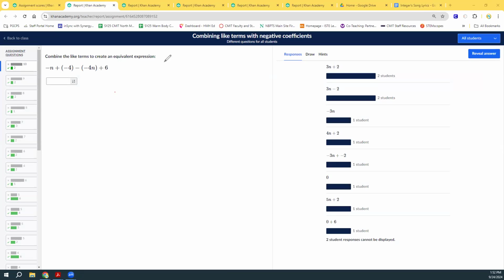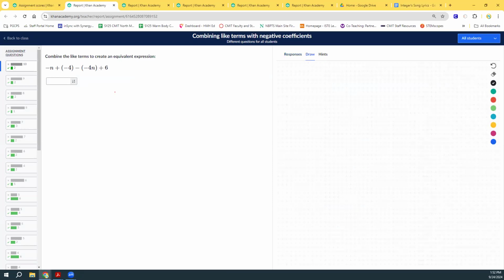And so let me hide responses. Okay, so here we want to combine these like terms, right? And we should all know that the like terms are the ones with the variables or the ones without the variables.